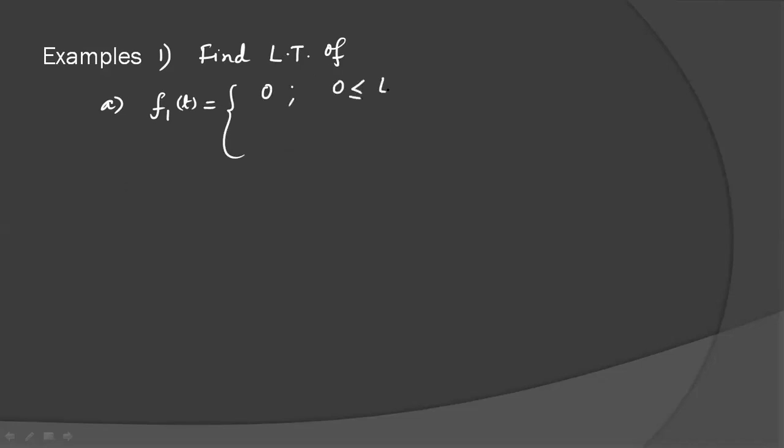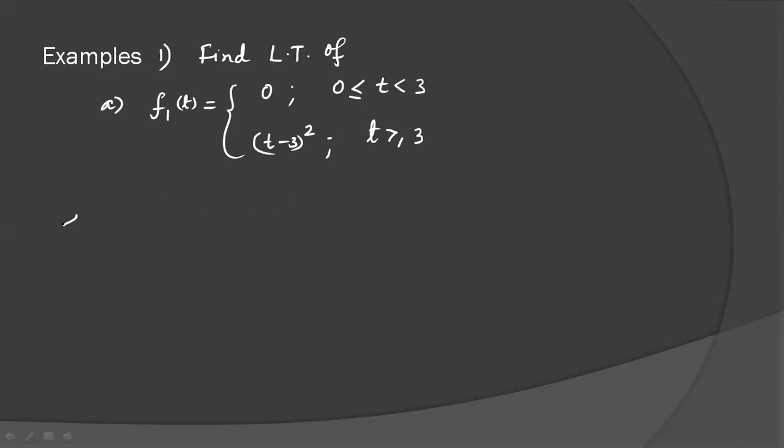Example: find the Laplace transform of f1(t), which is equal to 0 when t is between 0 and 3, and (t minus 3) whole square when t is greater than or equal to 3.